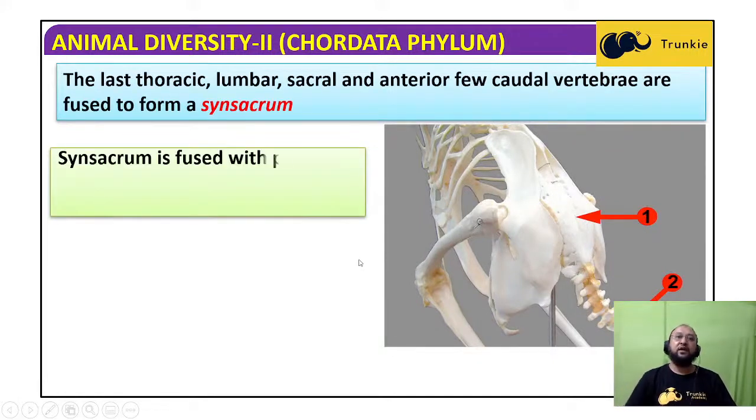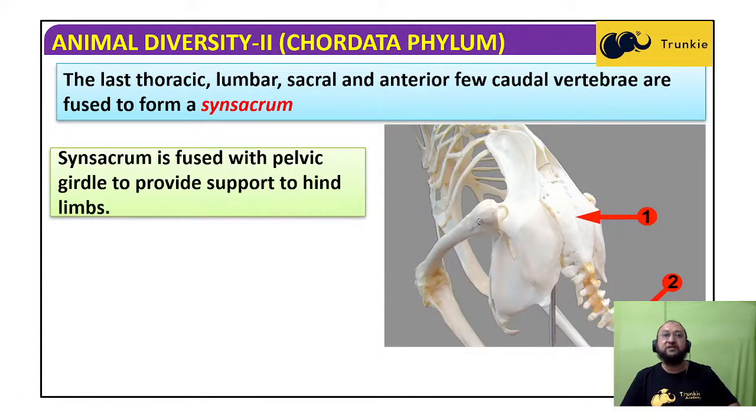Now, the last thoracic, lumbar, sacral, and anterior few caudal vertebrae are fused to form the synsacrum. This is an important point with regard to the skeleton of the birds. In our case, lumbar and sacral vertebrae are distinct, not fused, in almost all the mammals.